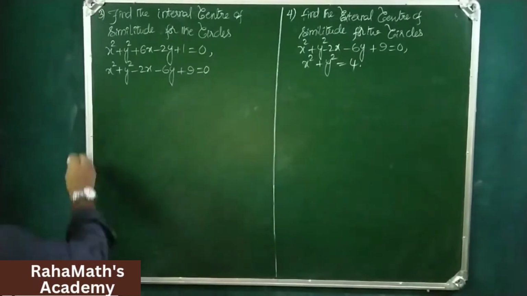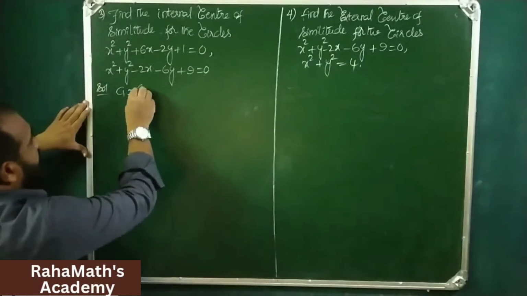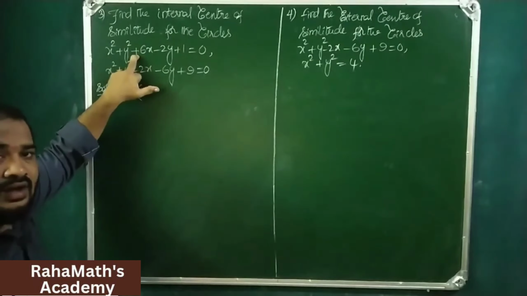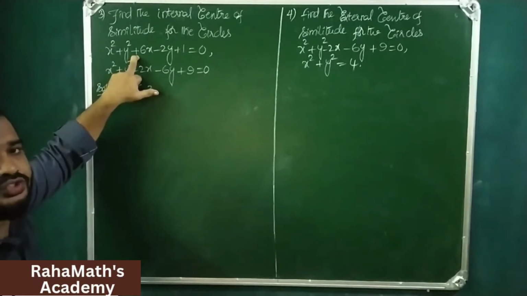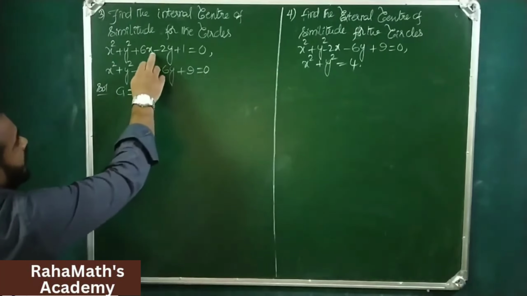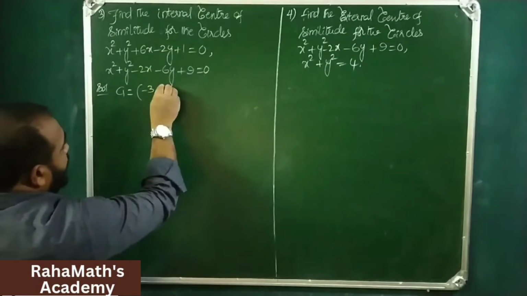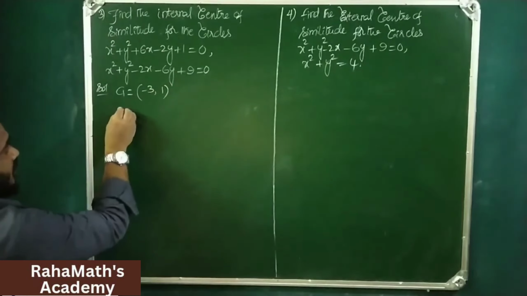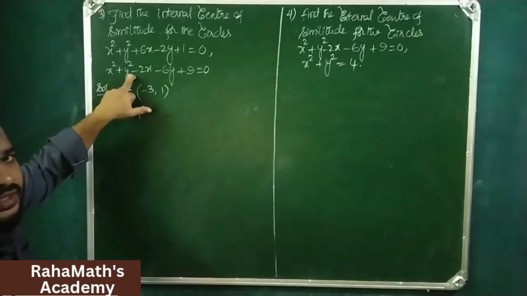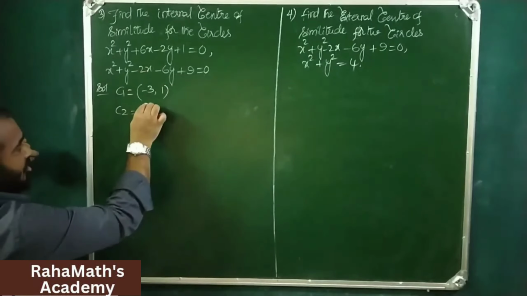First, C1 of the first circle is (-3, 2). Simply change the sign and take half of the coefficient of x and coefficient of y. That is the center. So here minus is there, take plus, and the y coefficient is 2, half of it. So this is C1. And C2 is (1, 3): minus is there, you take the opposite sign, plus, and x coefficient is 2, half of it, 1.